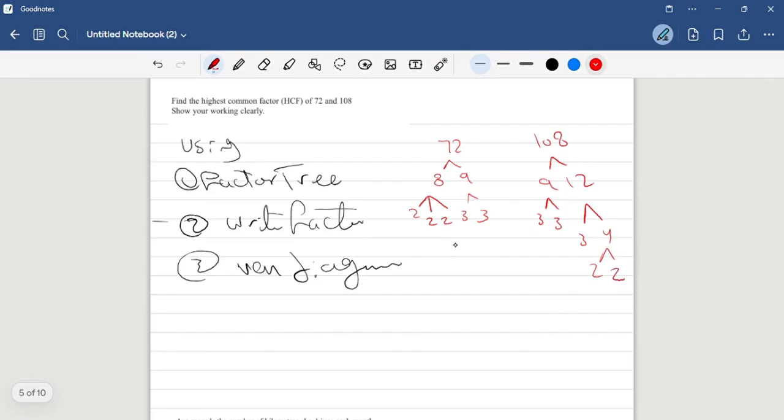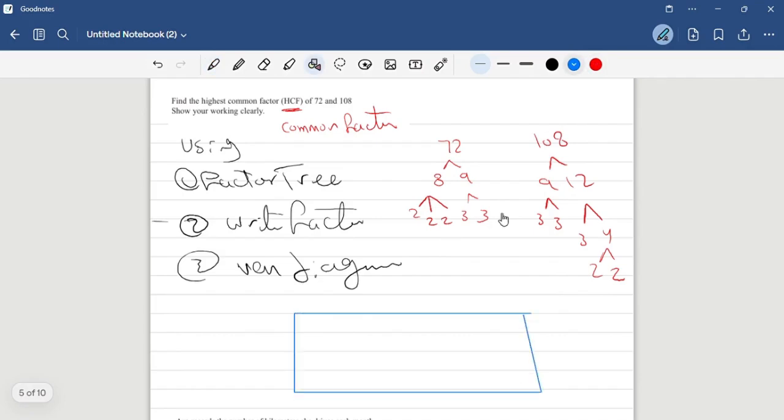After this, as long as he asks me for the HCF, I have to use only the common factors, only common factors. So for this situation, let's try using a factor tree and, at the same time, a Venn diagram. For this, I have to make these circles, and look here.